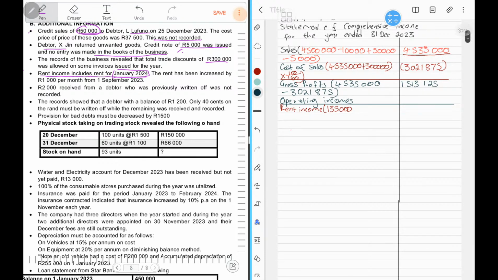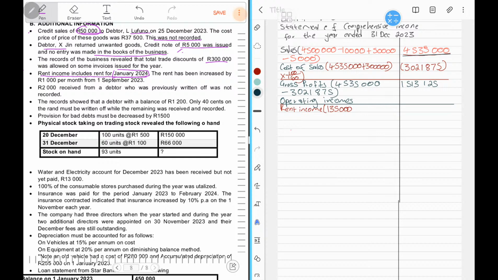So in terms of the cost of sales, remember, since we are given the net sales, since we granted discounts, it means that the time we're giving out the invoices there, only the net sales were the amounts that were recorded as part of the sales for that particular period. So what we are going to do is take the sales that is here, which is the net sales.